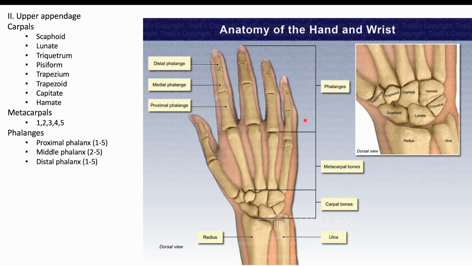Okay, all right, so now let's move on and talk more about the bones in the carpals. So there are going to be 7 carpal bones that you have to remember. So 1, 2, 3, 4, 5. Sorry, 1, 2, 3, 4, 5, 6, 7, 8. I apologize, there are 8 carpal bones.